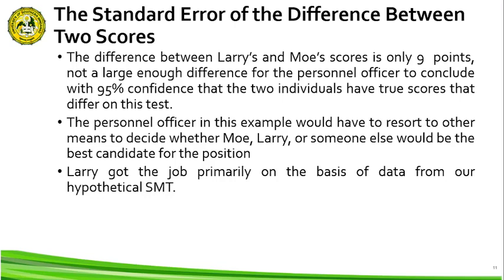Stated another way, if Larry and Mo were to take a parallel form of the SMT, the personnel officer could not be 95% confident that at the next testing Larry would again outperform Mo. So the personnel officer in this example would have to resort to other means to decide whether Mo, Larry, or someone else would be the best candidate for the position.